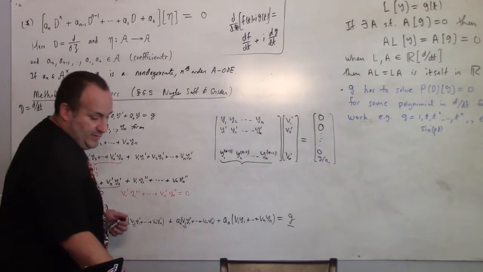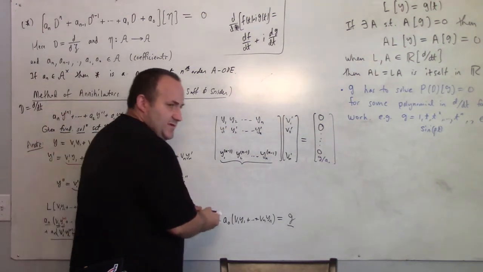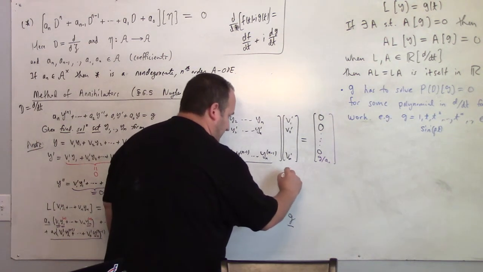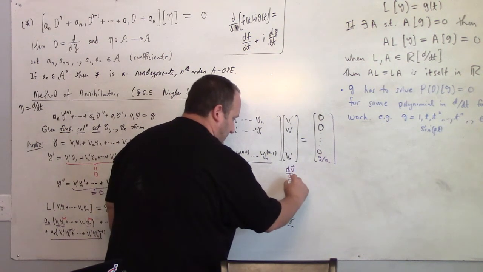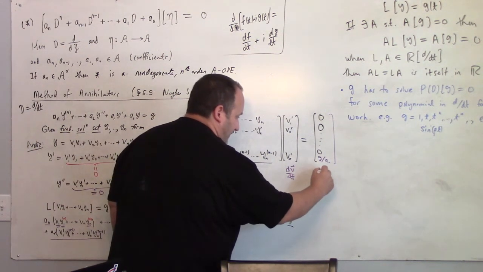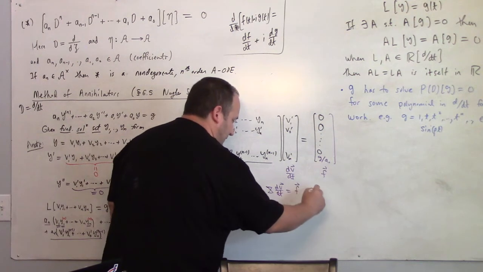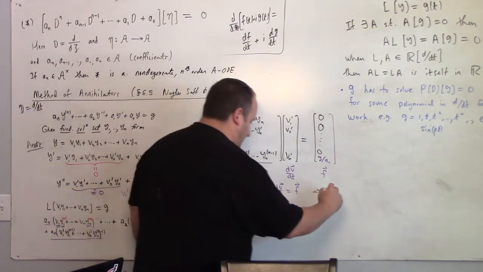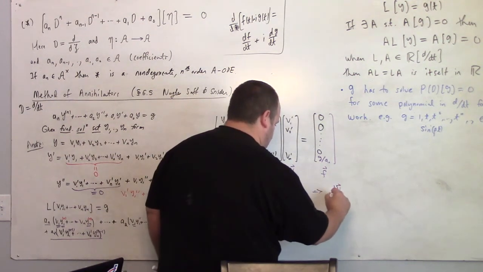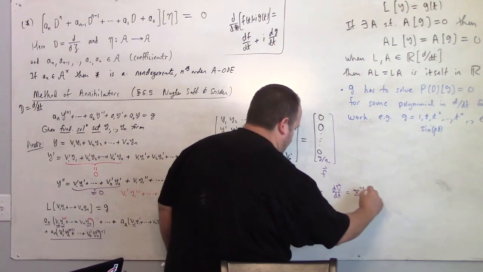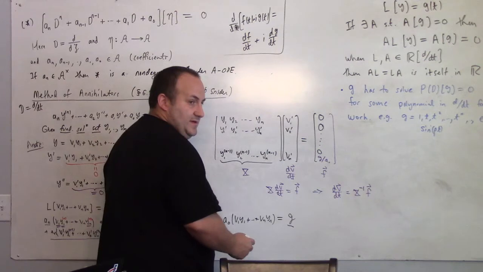Which means that I can solve. It's helpful to use notation, so let's call this X, call this dv/dt, and call this f vector. So what you've got is X dv/dt equal to f, which implies that dv/dt equals the inverse of X times f, which you can integrate.